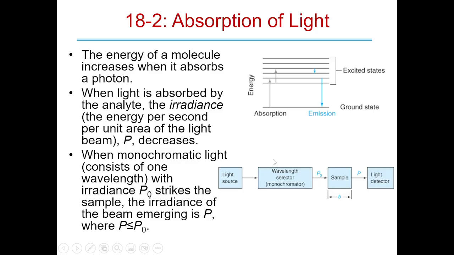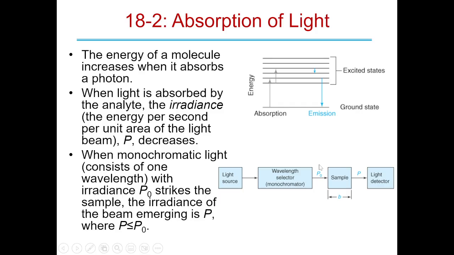The entire purpose here is to select for a very narrow range of wavelengths so you can control that wavelength. By the way, the infrared spectrometer you guys have used has a variable wavelength selector. What does that mean? You select a wavelength, measure, select a new wavelength, measure, select a new wavelength, measure. You do that over and over and over and you make a line. And that's what the peaks and valleys and baseline and all that is.